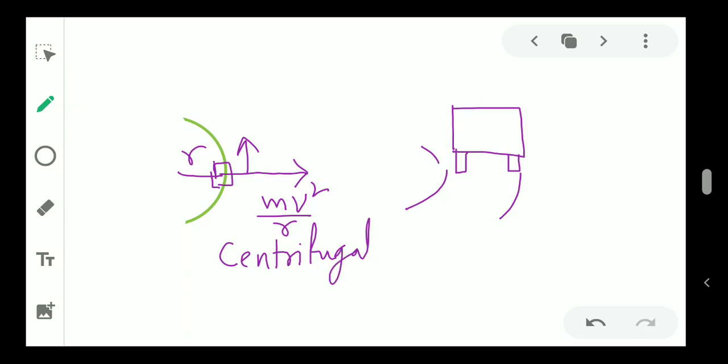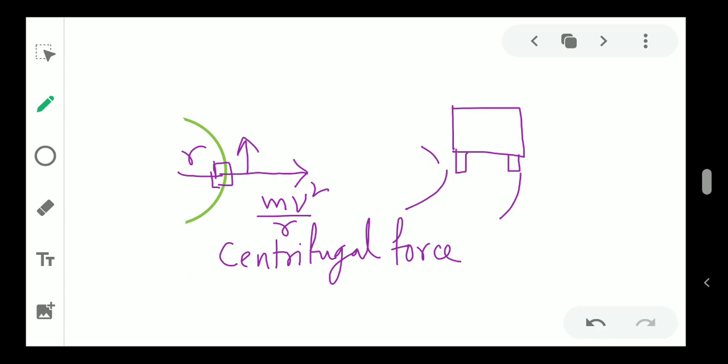This centrifugal force will always push the car so that it can slide in the outward direction. And you know if you drive any car very fast in some of the bends, there is a huge possibility that your car can slide off the road.